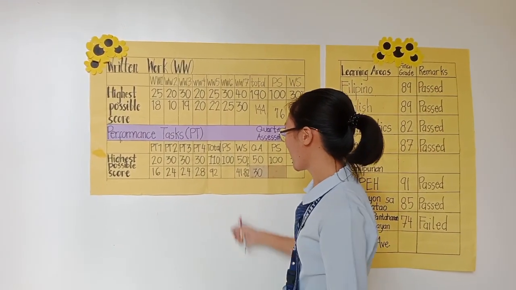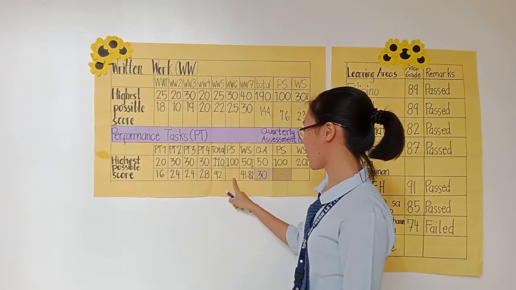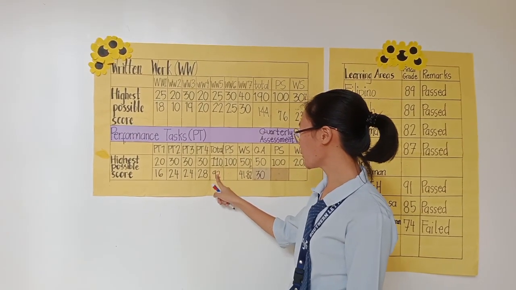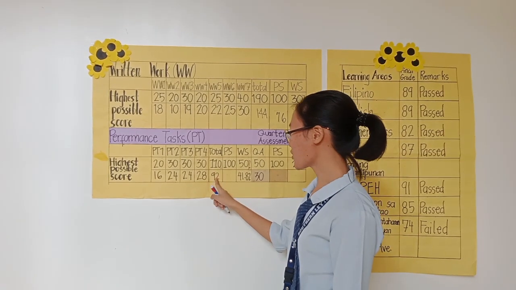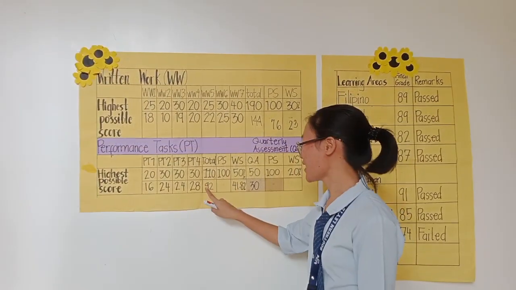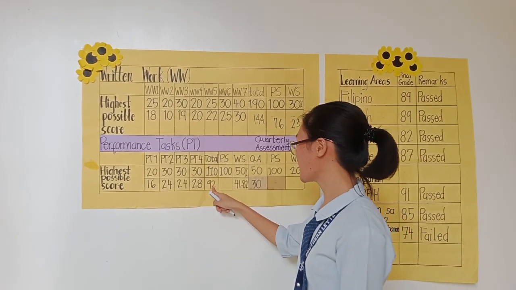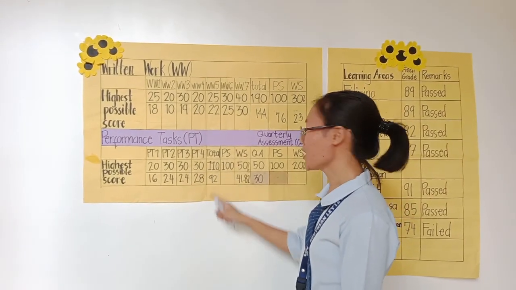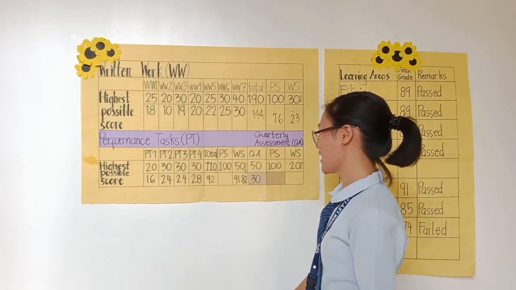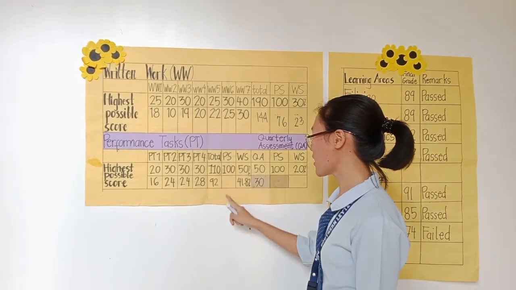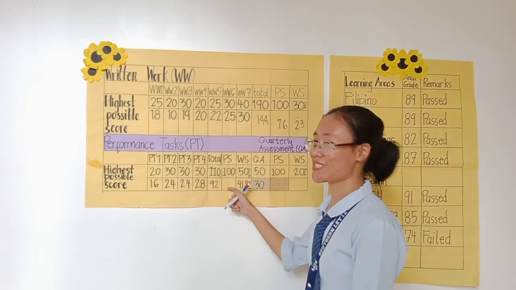So to get the percentage score, we will divide the 92, which is the raw score, by 110, the highest possible score. So 92 divided by 110 is 0.8363. Then 0.8363 times 100 equals 83.63.